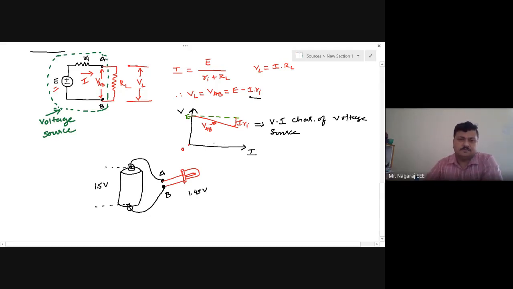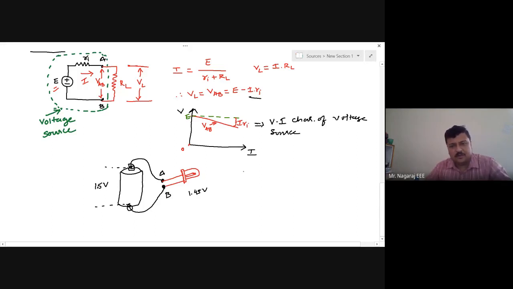Now, this is fine when I use the voltage source. When the voltage source is not in use, how should I keep it? What happens if I short circuit the voltage source? If RL is made 0, there are two perceptions to that.